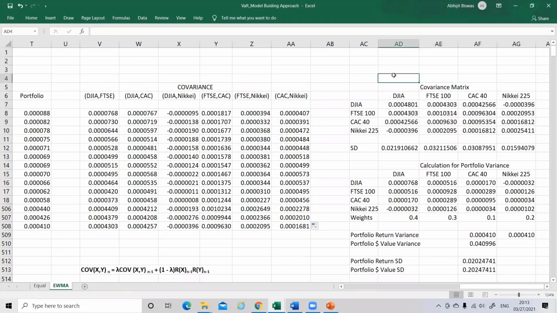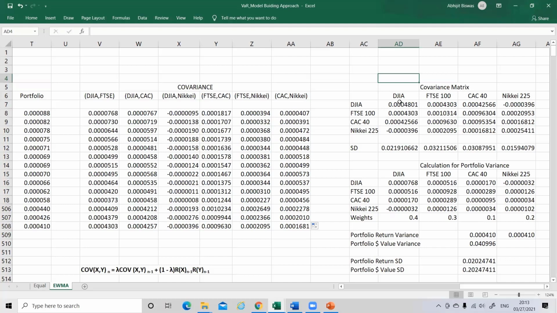Till 25th September, we have already done. If you refer to row number 507, that gives you the numbers till 25th September. But I want the covariance matrix for the 26th September.